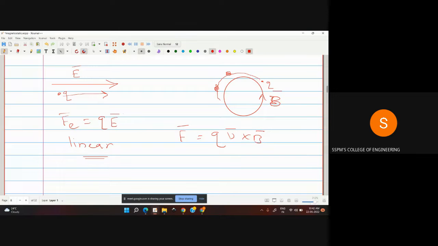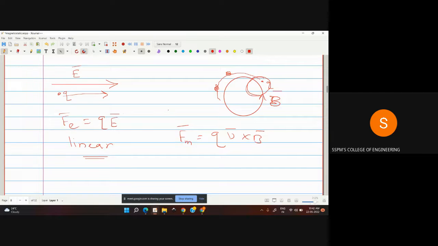Isn't it? मी काय डिटेल मध्ये जात नाही. फक्त तुम्ही लक्षात ठेवा the force will be a rotational force. And what is the rotational force? Q V bar cross B bar, where V be the velocity of the charge and B is the magnetic flux.